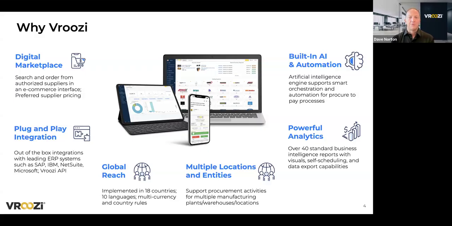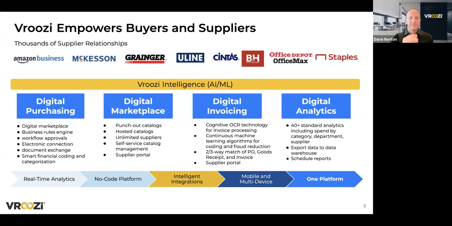As I mentioned about our global reach in 18 countries, 10 languages and counting, we truly offer a global solution. As it relates to our analytics, we currently have 40 standard intelligent reports out of the box, and we also do customized reporting as well. But we are so excited to talk to you more today about how artificial intelligence can assist you specifically with Vroozi and in your different workflows.